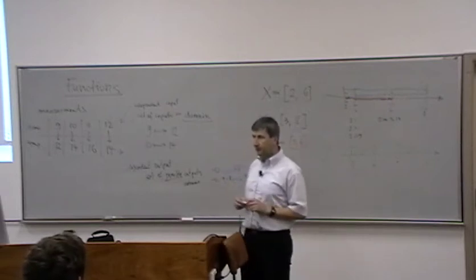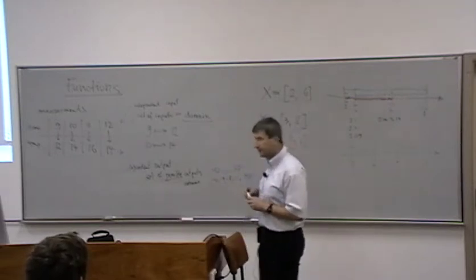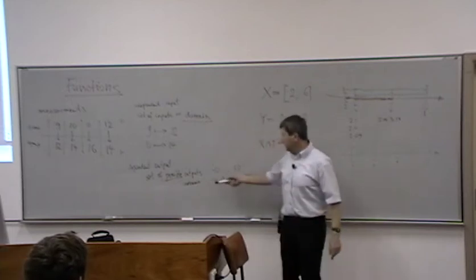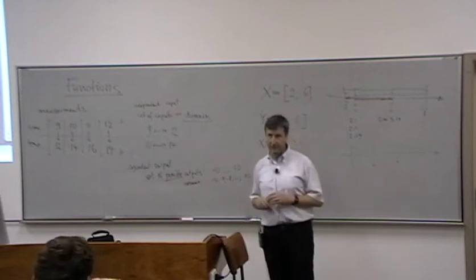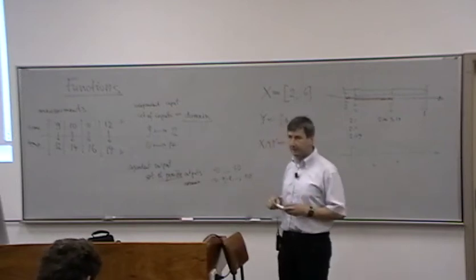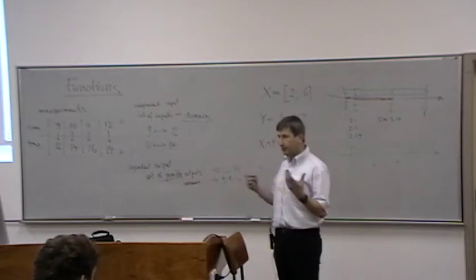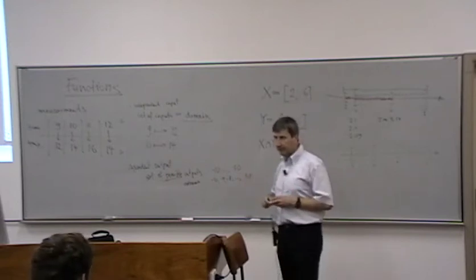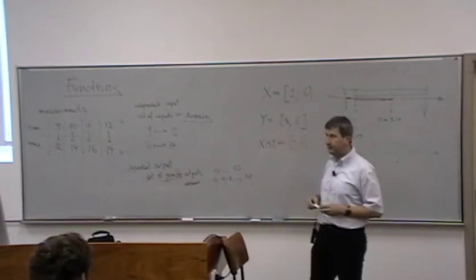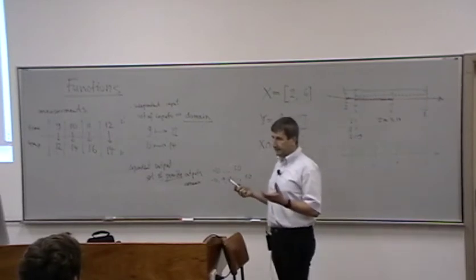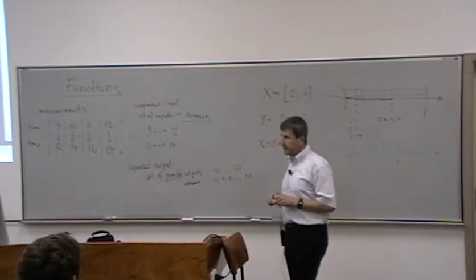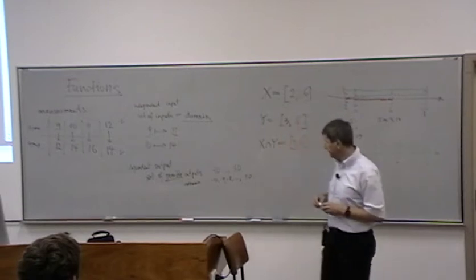So it is useful for very practical purposes, even if you don't use the name codomain, to think what are the possible outputs here. Always think what is reasonable, what is what I expected, and if something unexpected happens, think why this has happened. Either this is a mistake or your expectation was wrong.